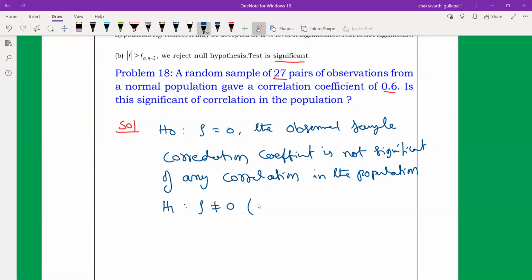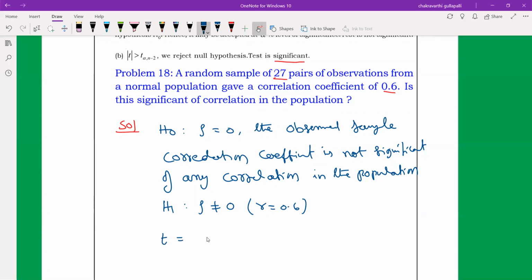Rho not equal to 0 means the rho value is equal to the R value. Rho not equal to 0 is called significant. Here R is equal to 0.6.